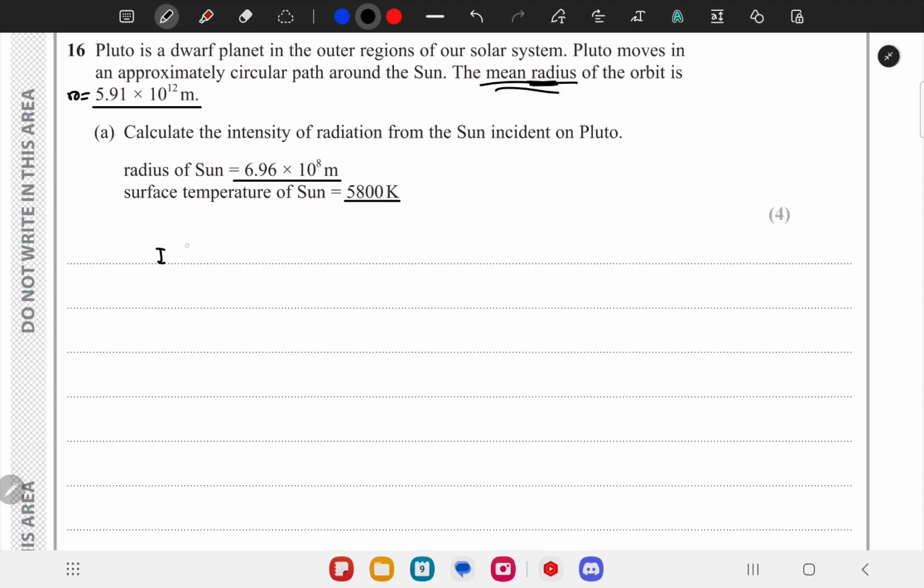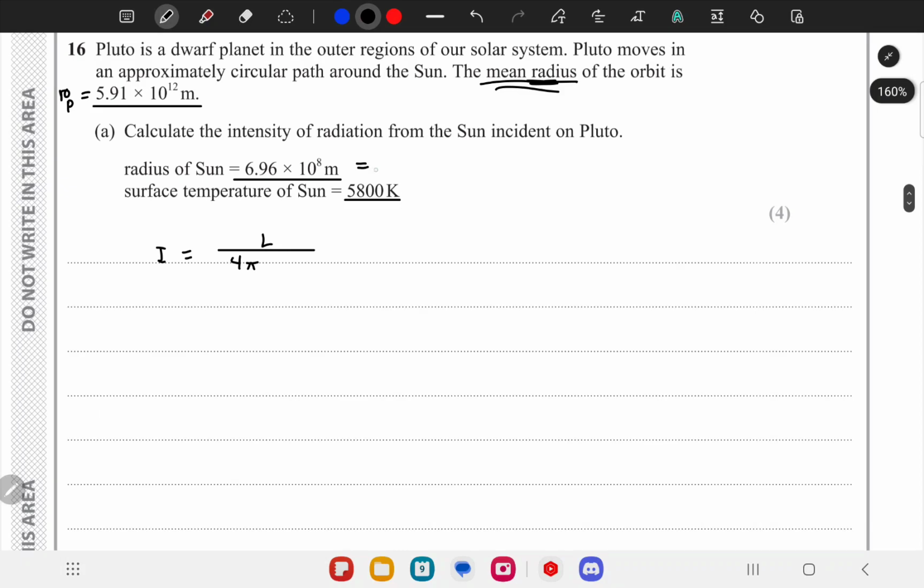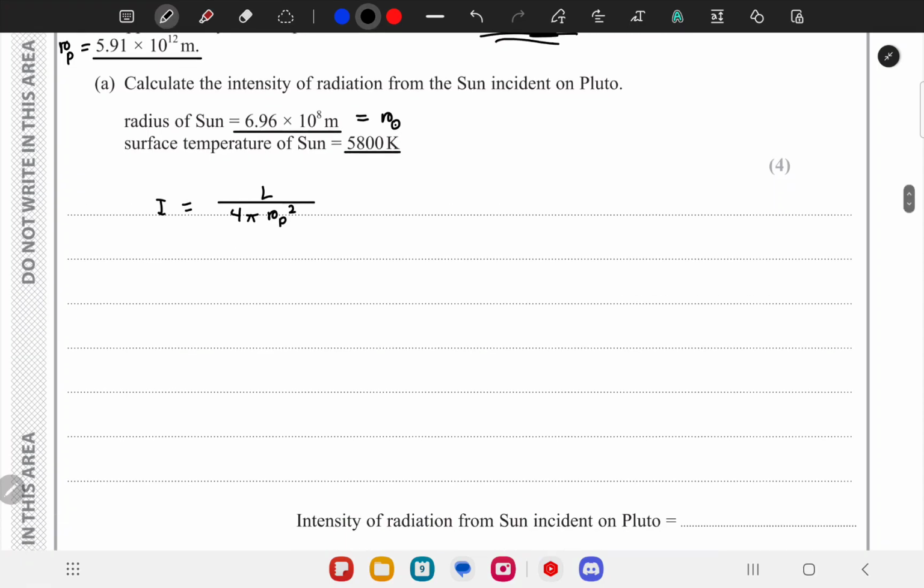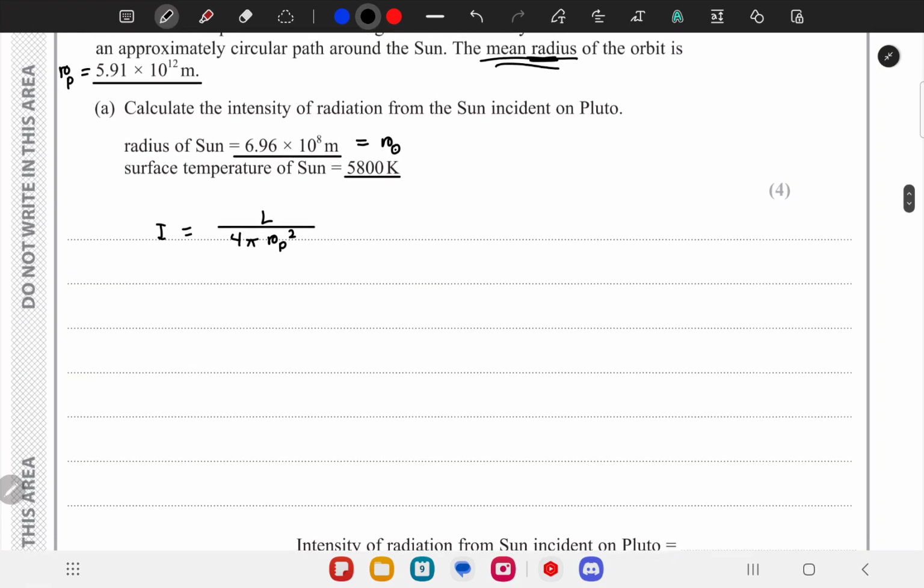The intensity of radiation at Pluto will be the luminosity of the sun divided by 4π r_p squared, where I'll consider r_p the radius of Pluto's orbit, and R the radius of the sun. Now we need to find the luminosity. To find the luminosity of the sun, we'll use the Stefan-Boltzmann formula.